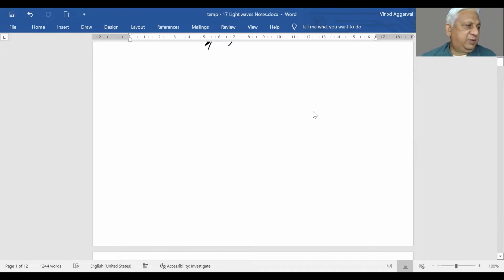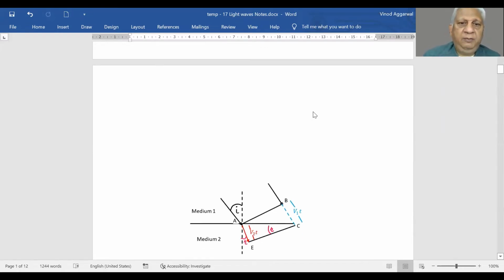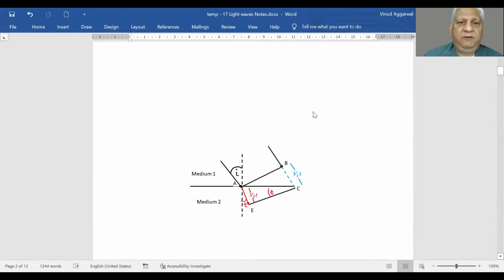Now we will explain this principle with the help of the process of refraction. Let us say we have two media. Maybe this is air, this is glass, not necessarily, just for the sake of argument. This is medium 1, this is medium 2.